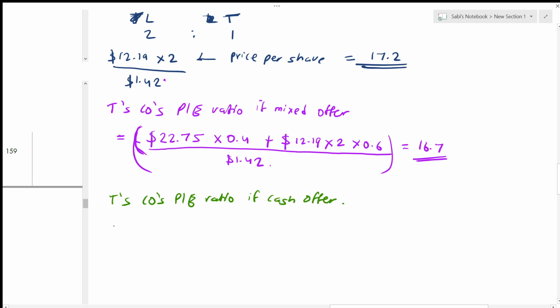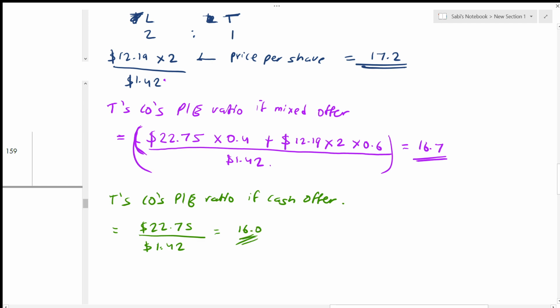If cash offer. Right? So if cash offer, what is it? They told it is $22.75 per share divided by earnings per share, which will be 1.42 only, which will be equal to 16.0. Yeah.